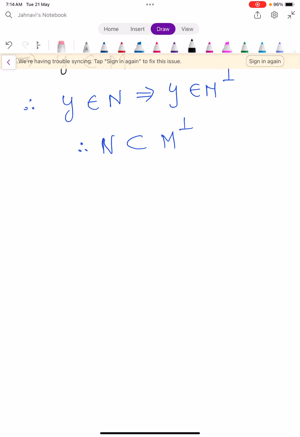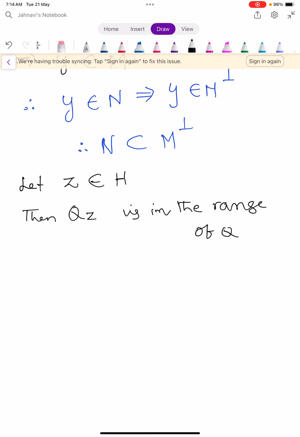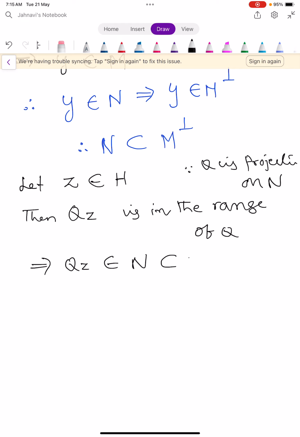Right, now let Z be any arbitrarily chosen vector in the Hilbert space capital H. Then QZ is in the range of Q, because Q is a projection defined on capital N. Therefore, QZ is in the range of capital Q. It means this QZ belongs to capital N. If QZ belongs to capital N, already we showed that N is a subset of M perpendicular.